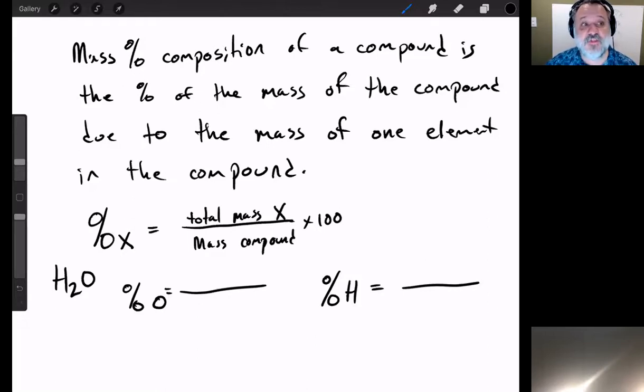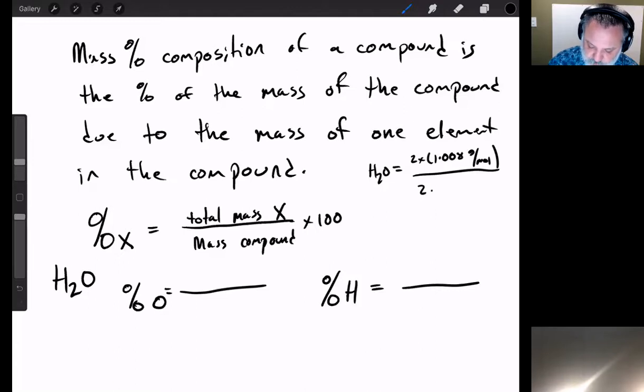There is 33% of the atoms are oxygen, but we're talking about mass. So we have to add up the mass. And let's do that. What is the molar mass of water? Remember, it was 2 times 1.008 grams per mole for hydrogen. We got 2.016 for that.